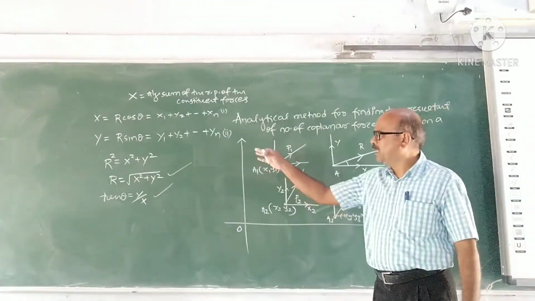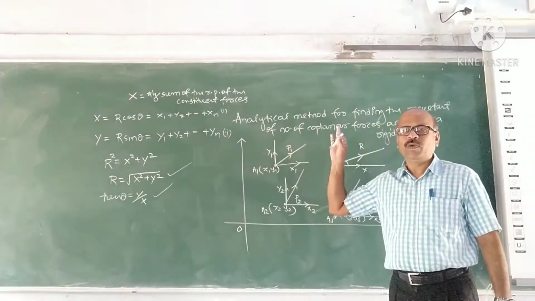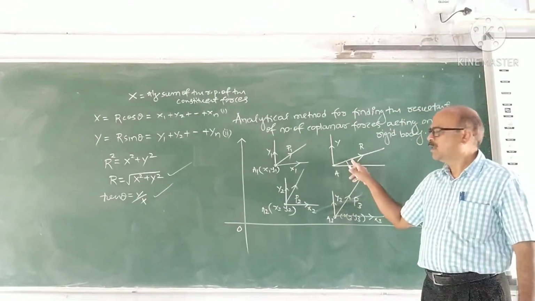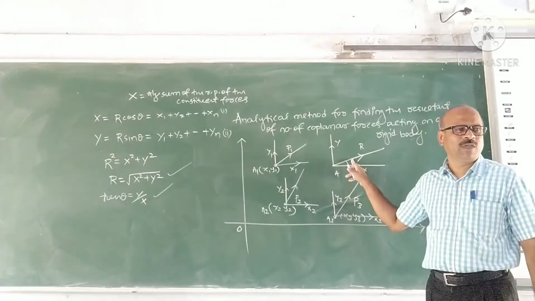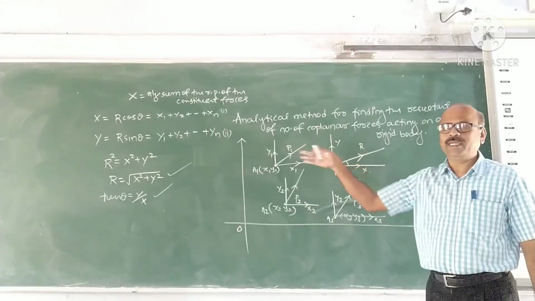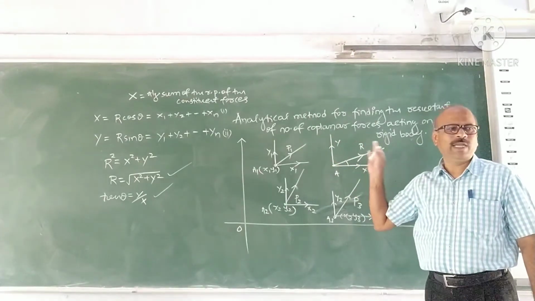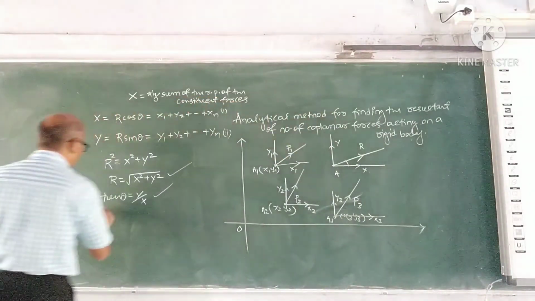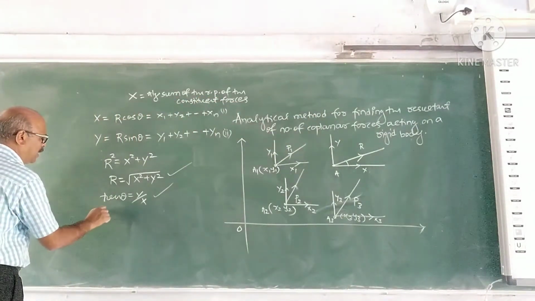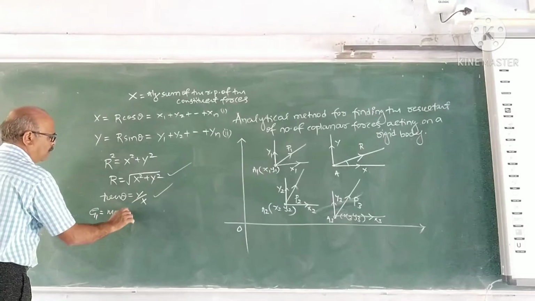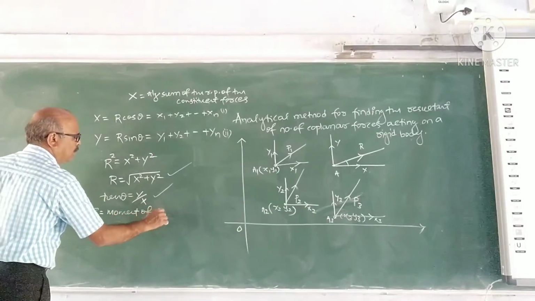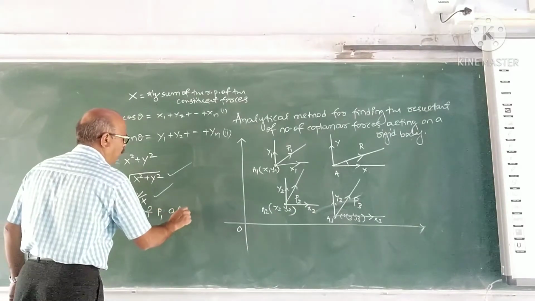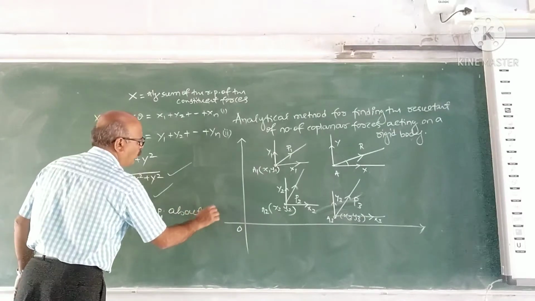Now to completely know the resultant, we require the equation of the resultant. If you know the equation of the resultant, then you can easily find the resultant completely. Now for that, suppose G1 is the moment of P1 about O. This is important.